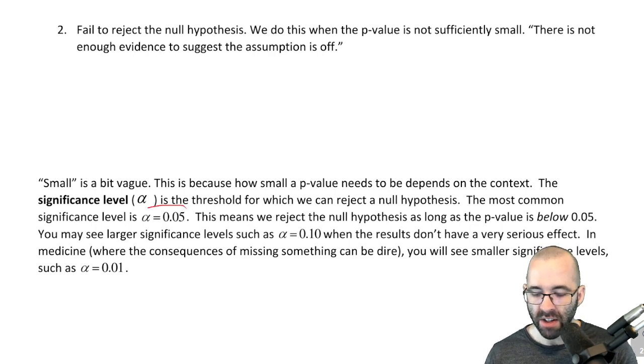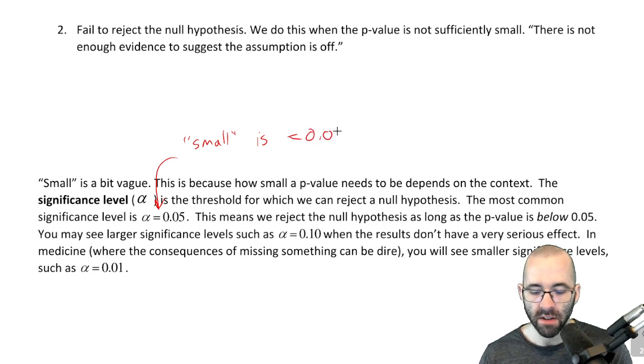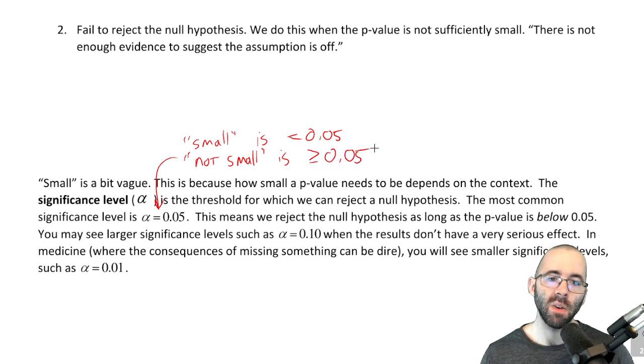So if your significance level alpha is 0.05, then small is less than alpha, less than a 5% chance. And not small is going to be bigger than or equal to 5%. So small just depends on your significance level, which depends on the context.